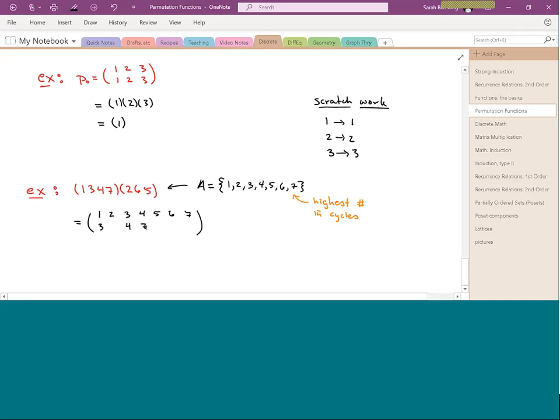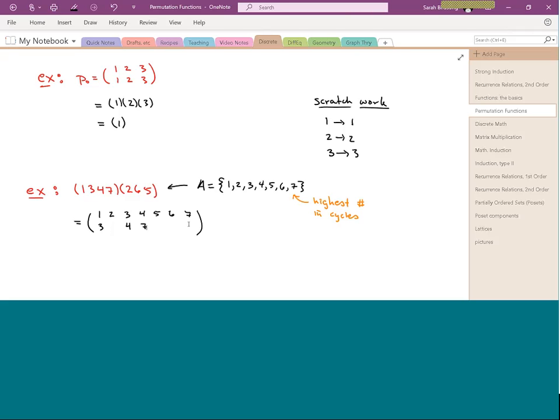Now, any guesses what 7 gets mapped to? Any guesses what we should write below the 7? 7 being the last number in that first cycle, or, properly spoken, the 4 cycle. Your only possibilities are the numbers 1 through 7 that we haven't used yet.